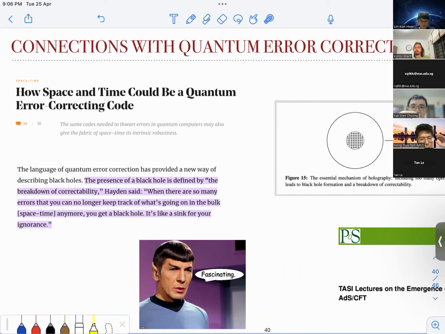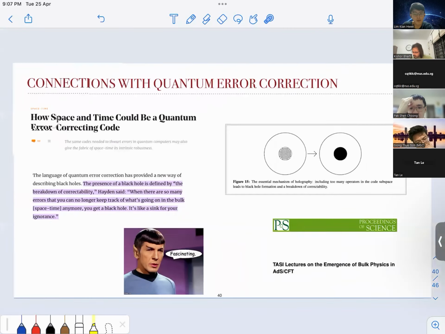So it's a quite powerful and beautiful theory. Error correction is practically nice and beautiful, but it also helps understand fundamental physics at a very deep level.